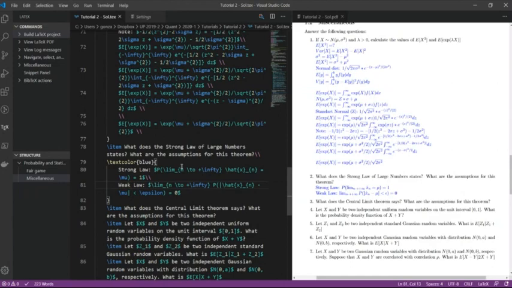So what are the assumptions? Basically, your data has to be IID, which means independently and identically distributed. So it cannot be that the age of somebody depends on the age of somebody else.